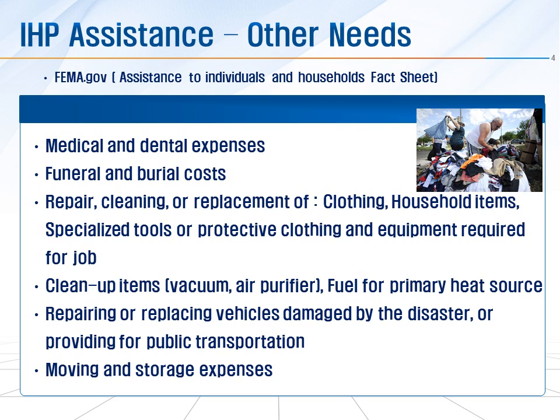This assistance includes medical and dental expenses, funeral and burial costs, and repair, cleaning, or replacement of clothing, household items, specialized tools for protective clothing and equipment required for jobs, and cleanup items and fuel for primary heat source, repairing or replacing vehicles damaged by the disaster, or providing for public transportation, and moving and storage expenses.